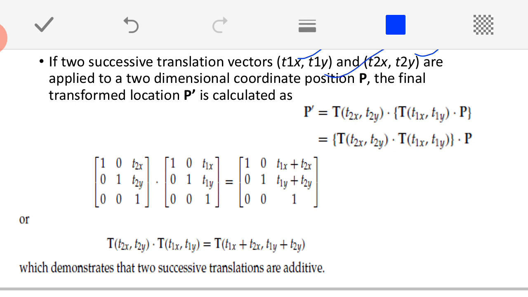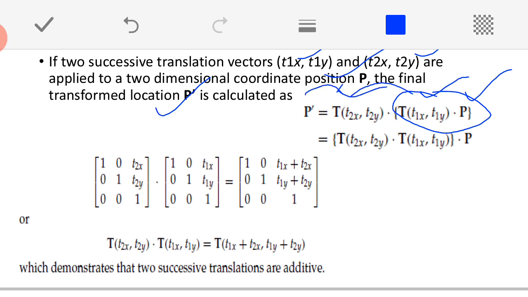Then I am going to get a transformed location P dash. Look at here, how I am going to perform this composite transformation. My point P with x comma y is here. First I will multiply this one with the first translation matrix, and whatever matrix I get will be multiplied with the next translation matrix.